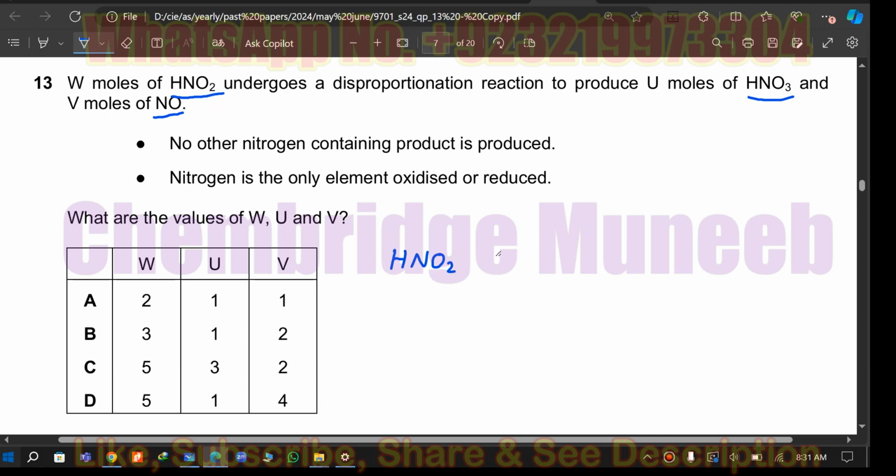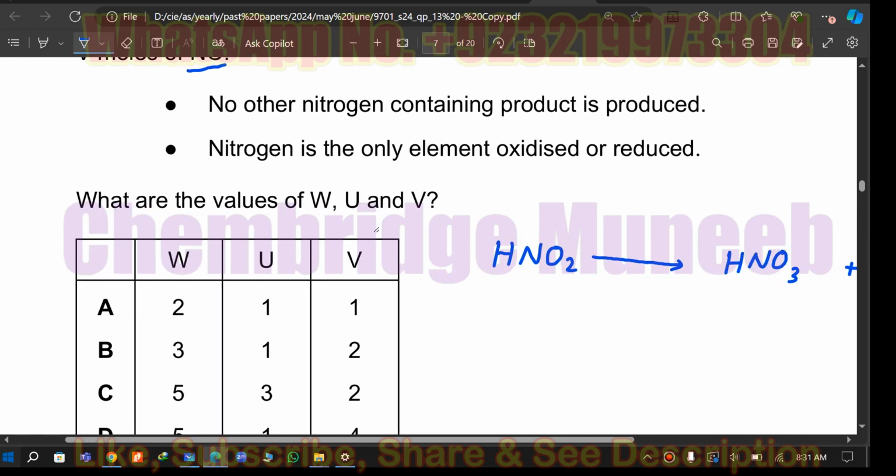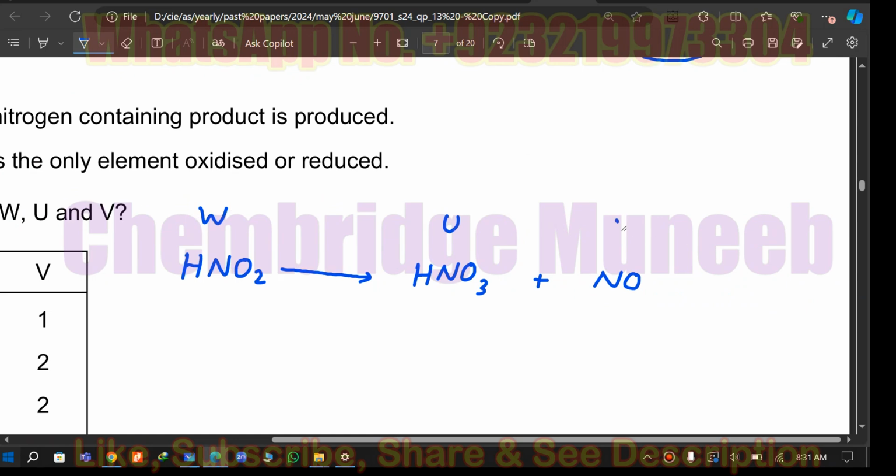This is the reactant HNO2, and it produces HNO3, which is nitric acid, and the next product is NO. Okay, now we need to find the values of W, U and V, which are basically the coefficients here. So the coefficient for HNO2 is W, for HNO3 is U, and for NO is V.